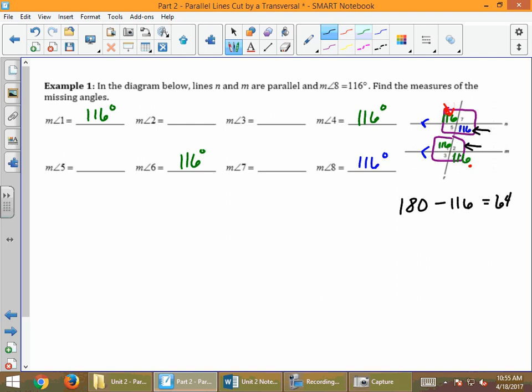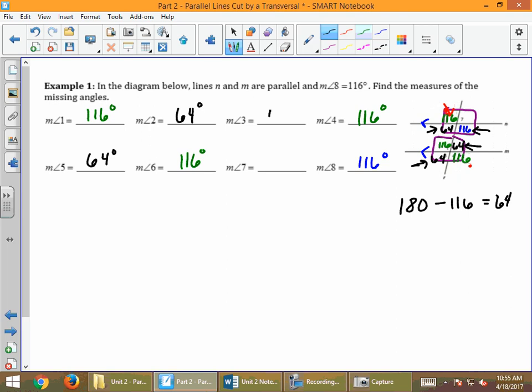So that means angle 2 is 64 degrees, which means 5 is also 64 because they're alternate interior angles. And that also means angle 3 is 64 because it's 5's corresponding angle. It's in the same corner.